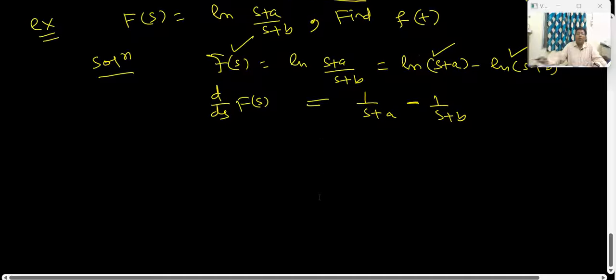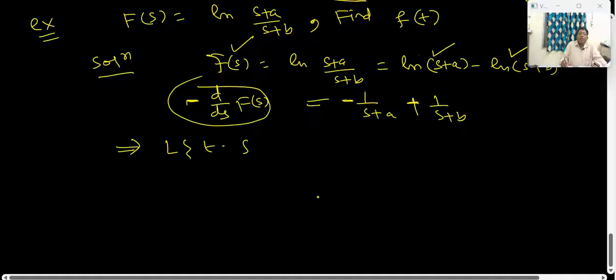As per the formula we need a minus here, so we make it plus. Now the left hand side becomes L of t f(t), which is 1 by (s plus b) minus 1 by (s plus a).